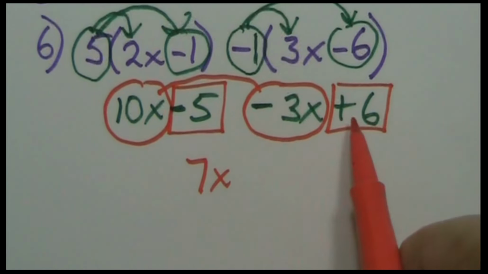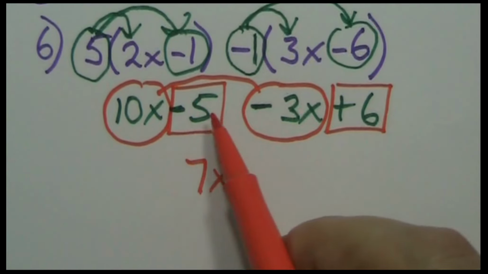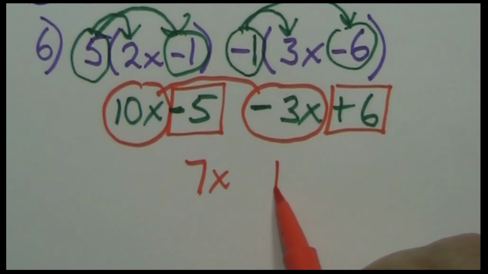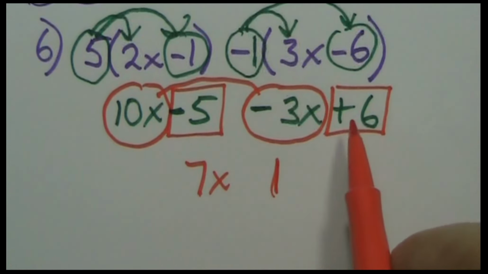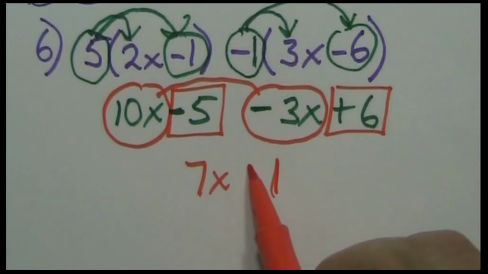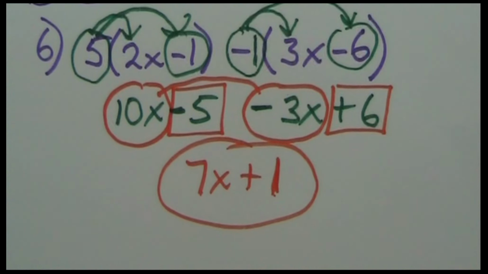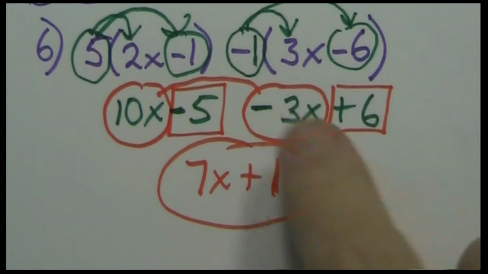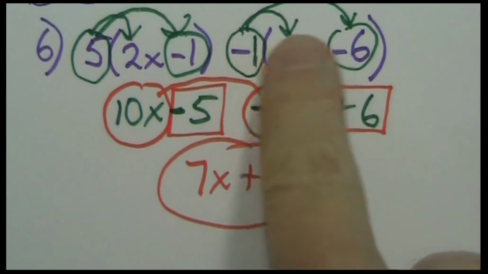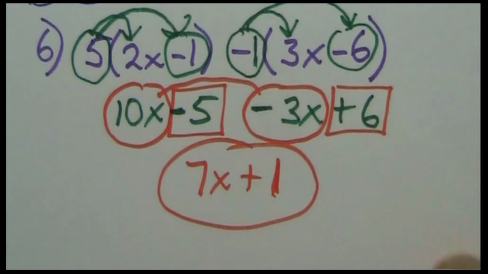They're different, so I have to subtract. 6 take away 5 is 1, and there's more positive than negative, so it has to be a plus 1, or positive 1. So the tricky part is there's actually a negative 1 to distribute inside here.